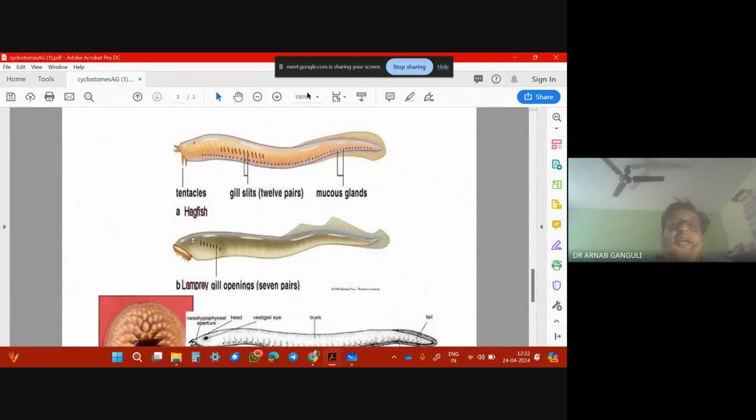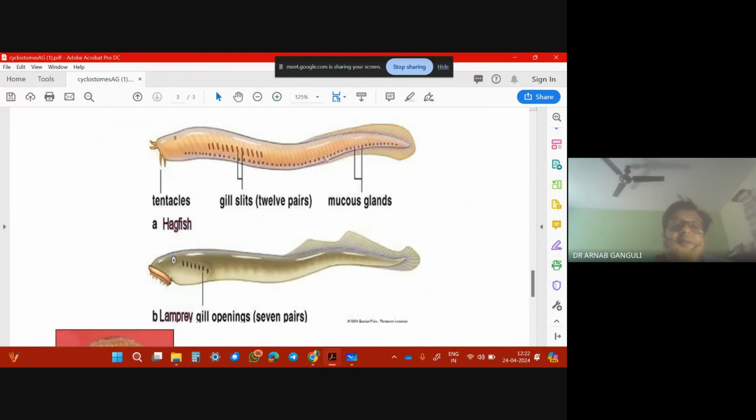So you have two types. The first is the lampreys. This is how lampreys look. And this is hagfishes, petromyzon. Hagfishes have got mucus glands. They have got 12 pairs of pharyngeal gill slits.